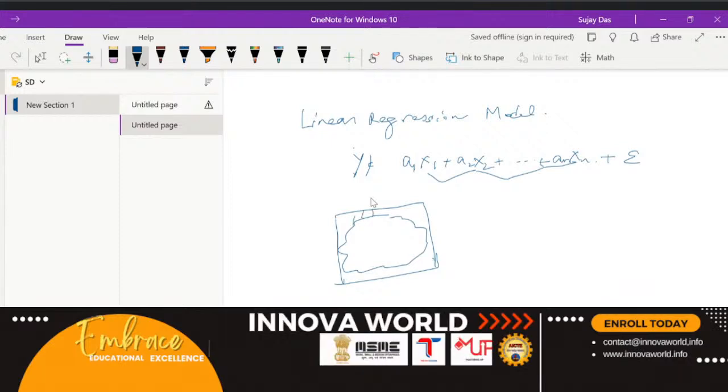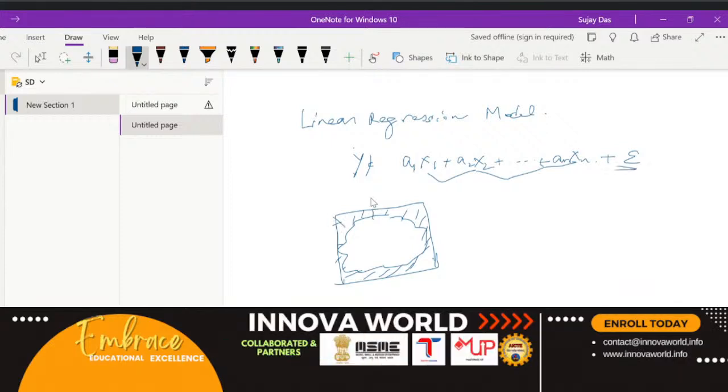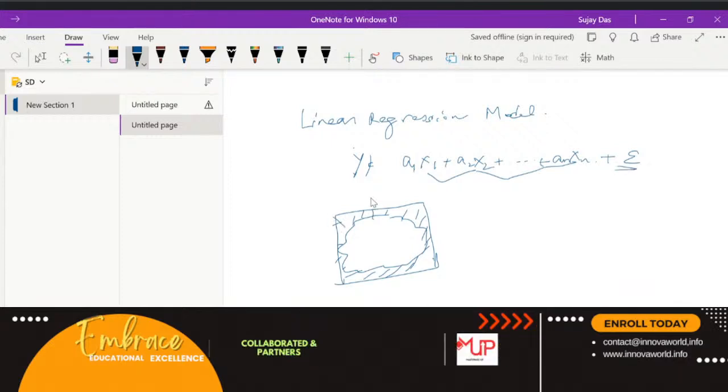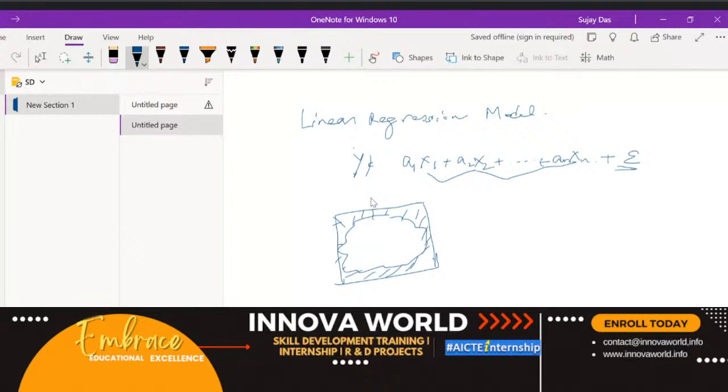The remainder that we are not able to explain with the help of this model will go into this error portion. The better our model is, the less error remains unexplained.